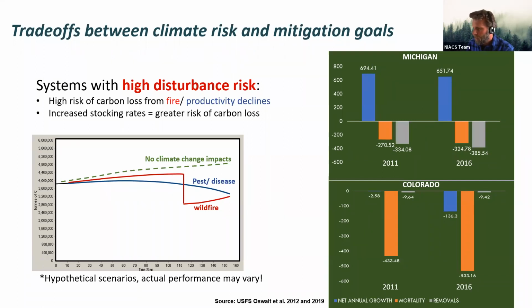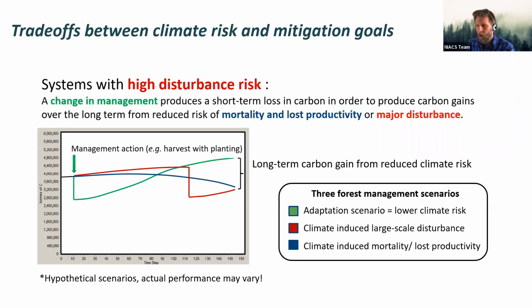And so that's this scenario where we start thinking about, okay, what kind of change in management can we look to? And that's what I'm showing here in that green line.